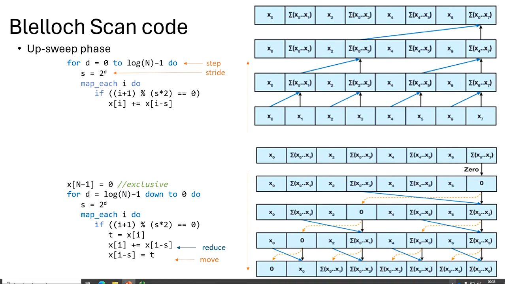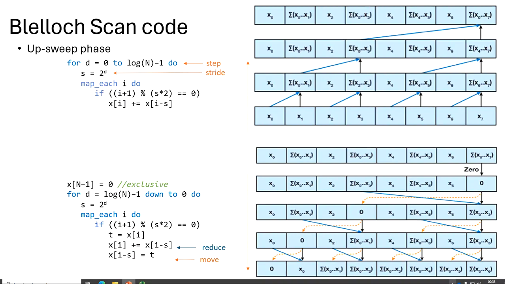And the stride is how wide are these blue arrows? It's how far across the array you are jumping when you do your combination. So you can see here's the step. At each step we calculate the stride, and the stride is growing exponentially. It's always 2 to the power of the step. So initially the stride is 1, then it becomes 2.